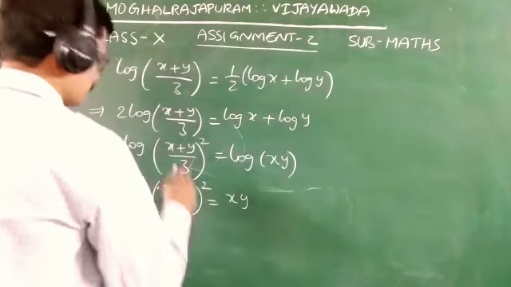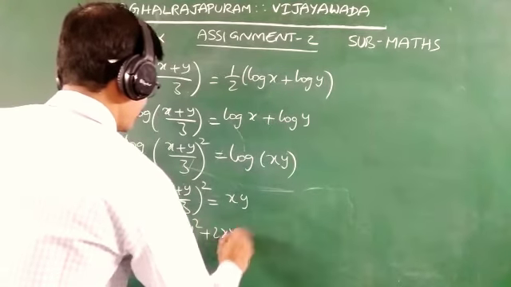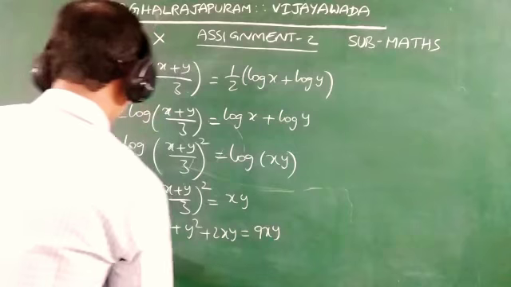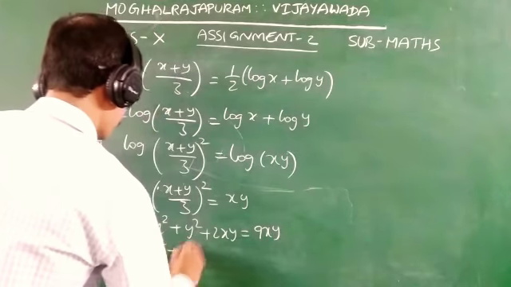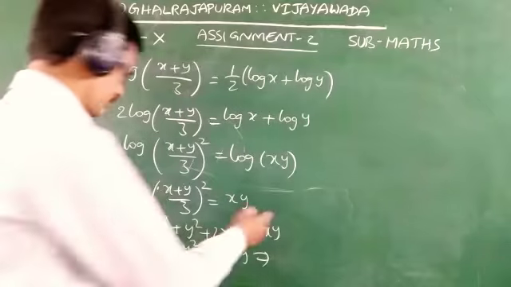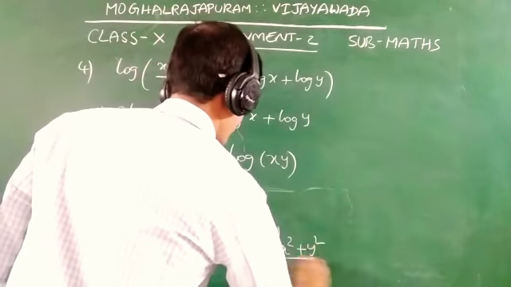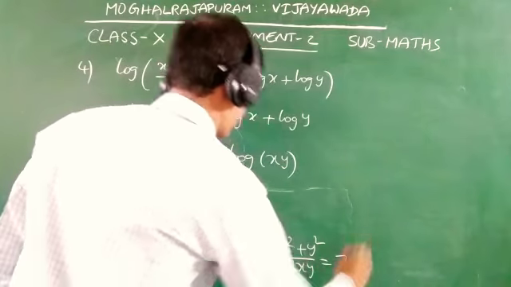This implies x square plus y square plus 2xy is equal to 9xy. This implies x square plus y square is equal to 7xy. Now transpose xy. So (x square plus y square) by xy is equal to 7.